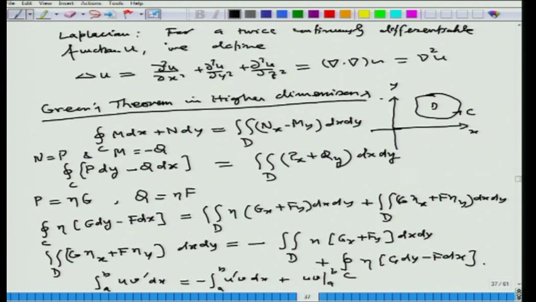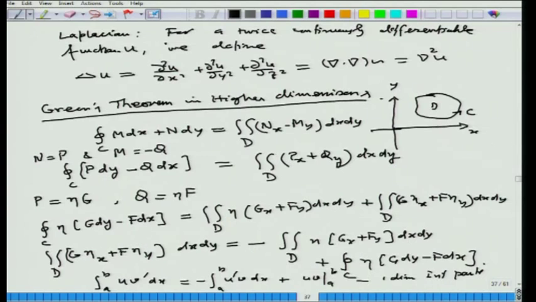So, this is one dimensional integration by parts, and this is two dimensional integration by parts. So, this is a generalization of the earlier integration by parts formula which we discussed.